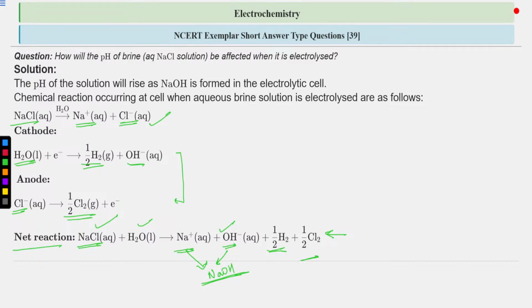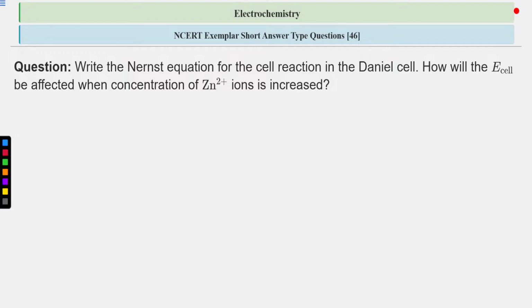Let's move on to the next question. This is an NCERT Exemplar short answer type question, marked as question number 46. The question is: write the Nernst equation for the cell reaction in the Daniell cell. Remember, I said that this is the first type of cell which we have studied in this chapter.